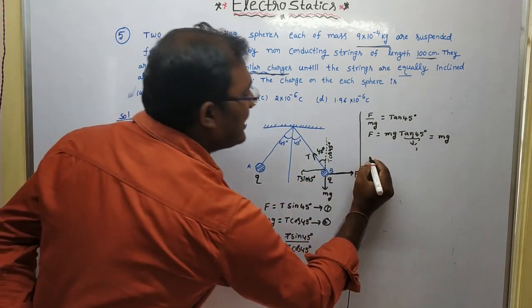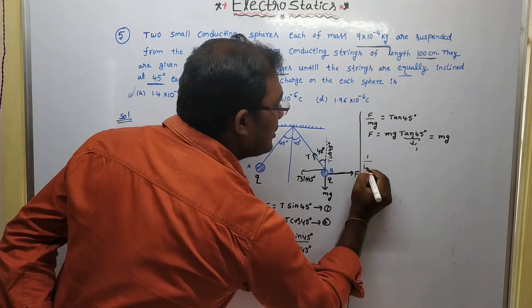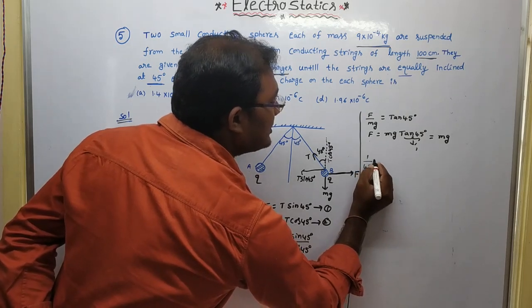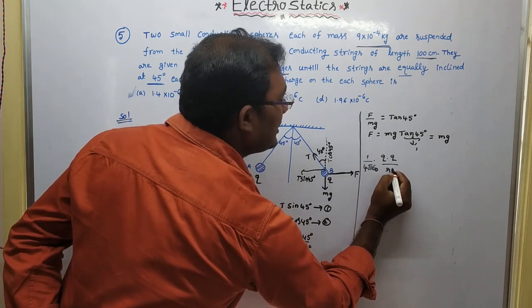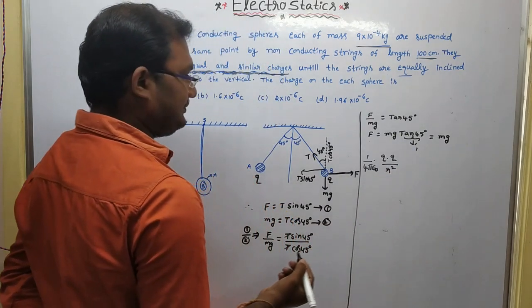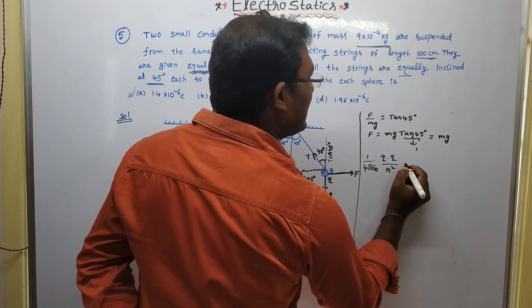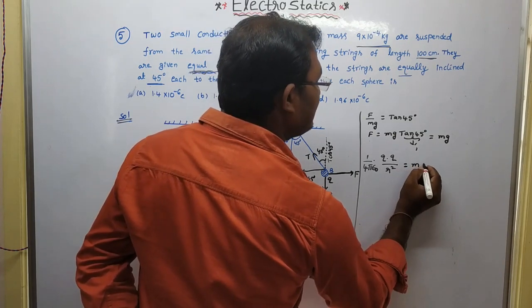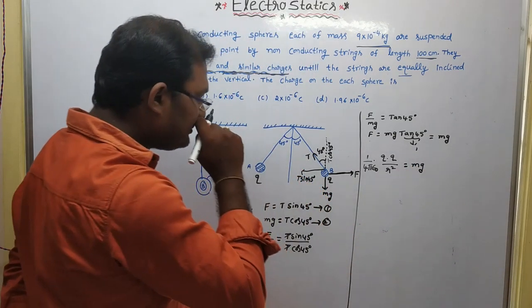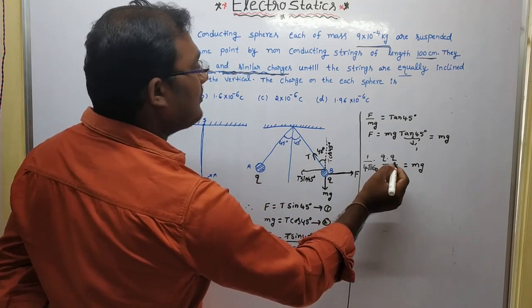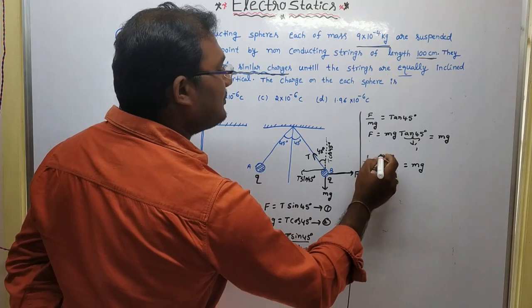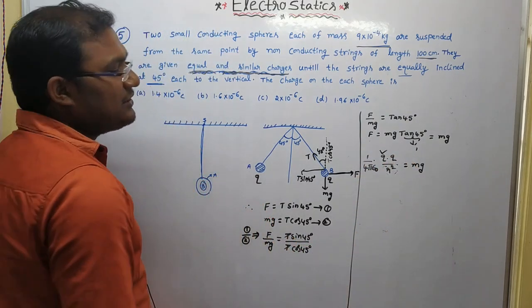Coulomb force is 1 by 4 pi epsilon naught q into q by r square, equal to mg. Our aim is to calculate the q value. What is the value of q?